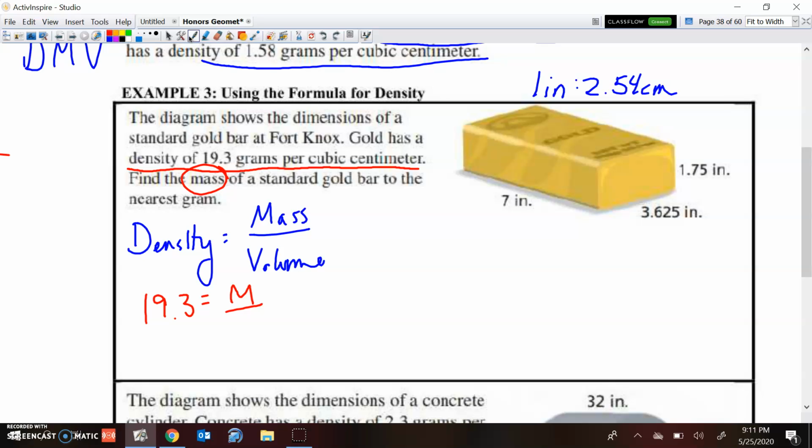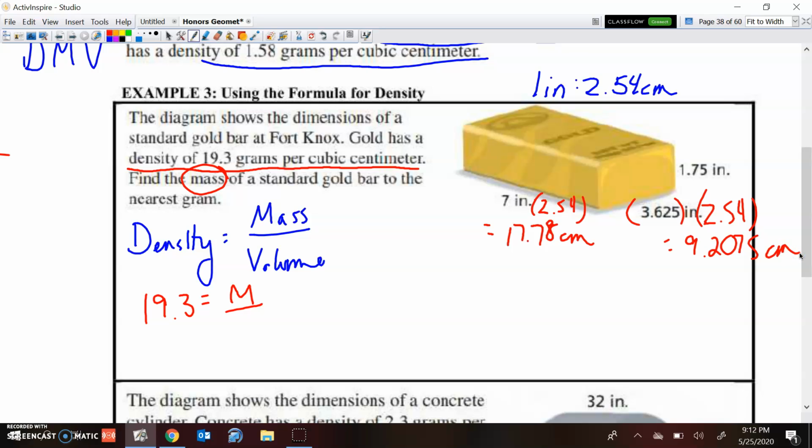So 7 times 2.54, I'll write that so you see what I'm doing, is going to give us 17.78 centimeters. And then 3.625 times 2.54 is going to equal 9.2075, and that's in centimeters.